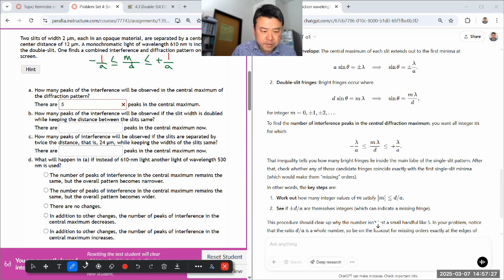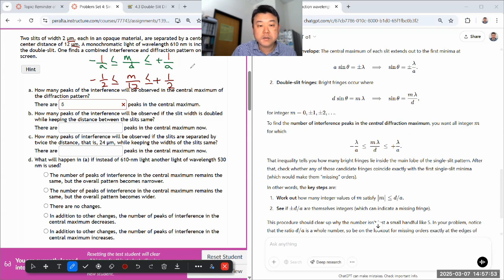Yeah, I think I can plug in numbers. So plugging in numbers, I would get minus 1 over a, so 1 half. I'm just going to ignore the units and keep everything in microns. Less than or equal to m, which is still a symbol, divided by 12, less than or equal to plus 1 over 2.